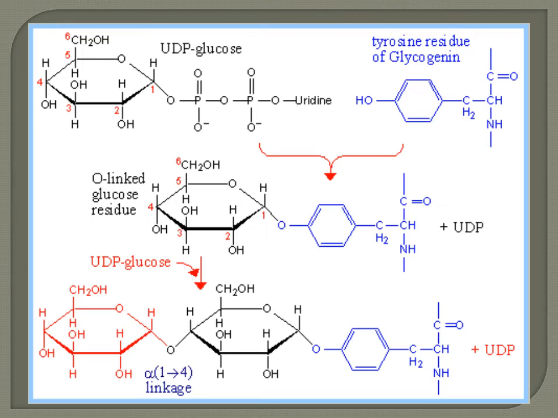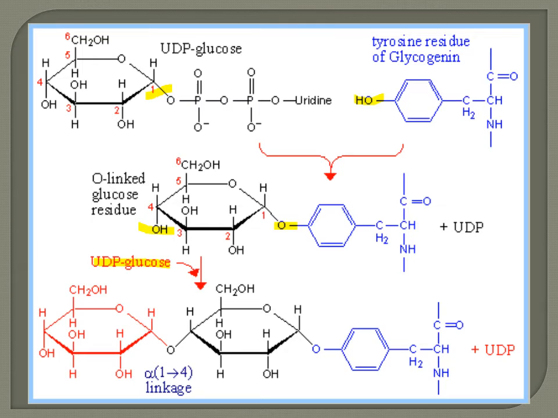It accepts the first glucose residue from the UDP-glucose to its own tyrosine residue, forming an O-linked glucose residue. Then the glycogenin catalyzes the transfer of another glucose from the UDP-glucose to the carbon 4 of the attached glucose, so it forms an alpha 1,4 linkage.